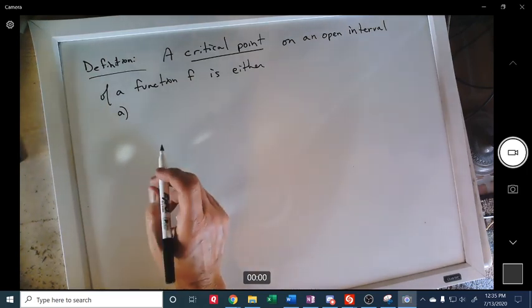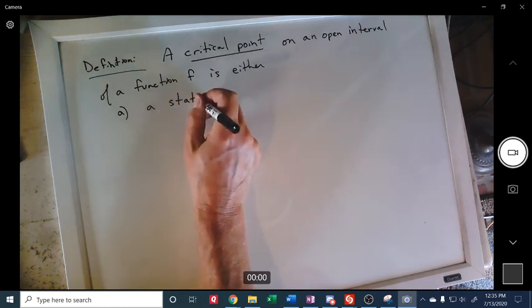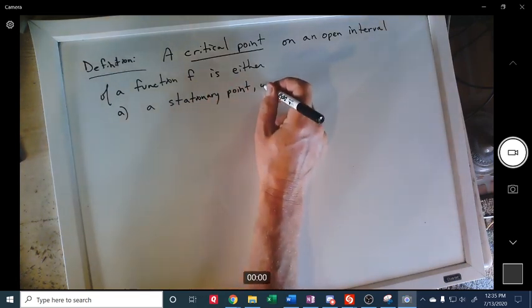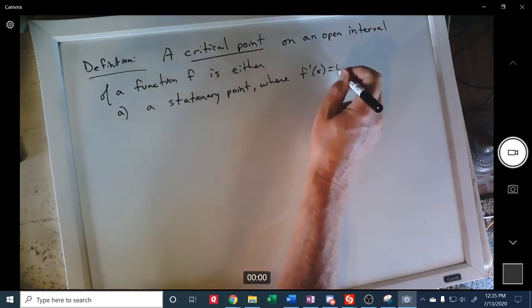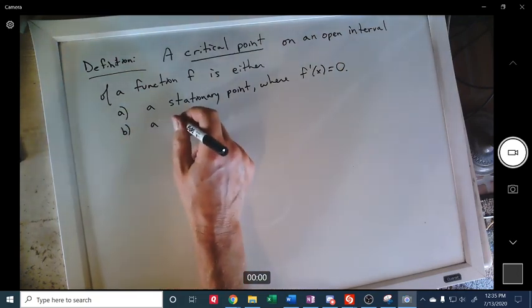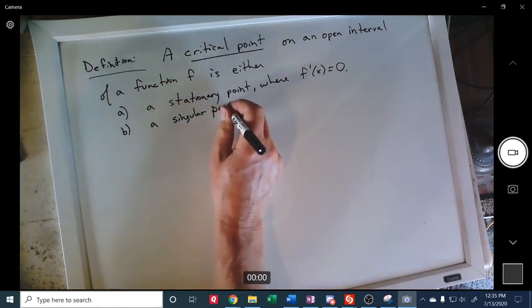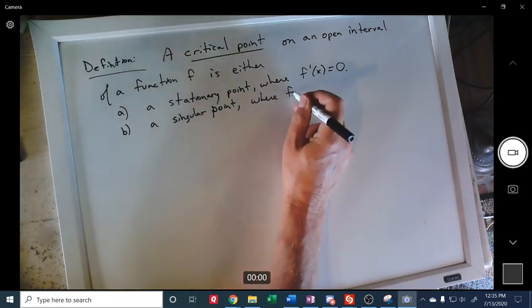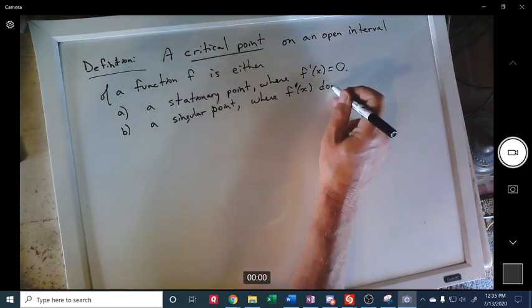A, a stationary point, where f prime of x is 0, or B, a singular point, where f prime of x does not exist.